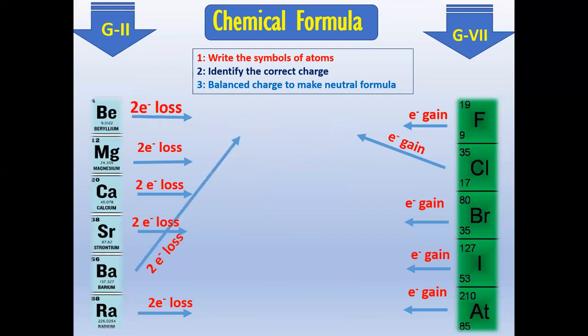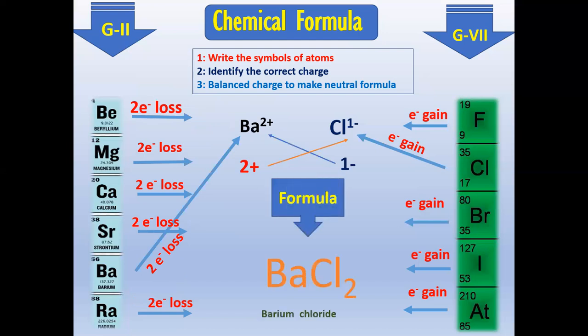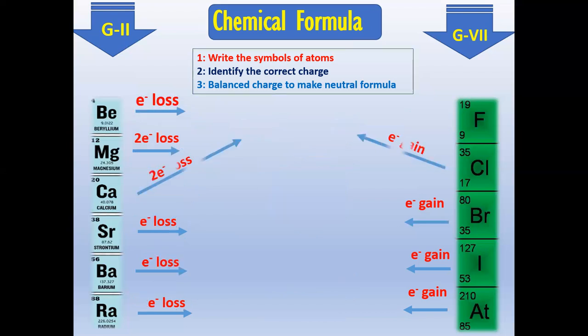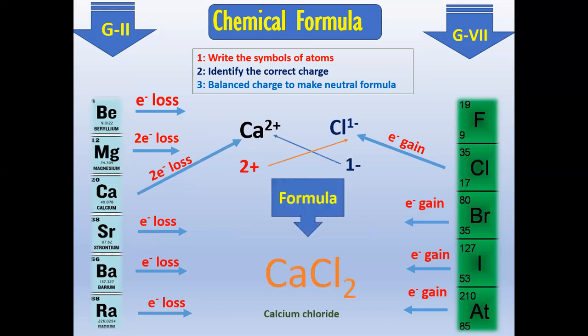For barium chloride, barium has a +2 oxidation state like other family members of the group, and it behaves in a similar way to produce barium chloride. We're going to take another example, calcium. Calcium is losing 2 electrons, while chlorine is getting 1 electron, and calcium has a +2 oxidation state like all other members of group 2, and this will make calcium dichloride or calcium chloride.